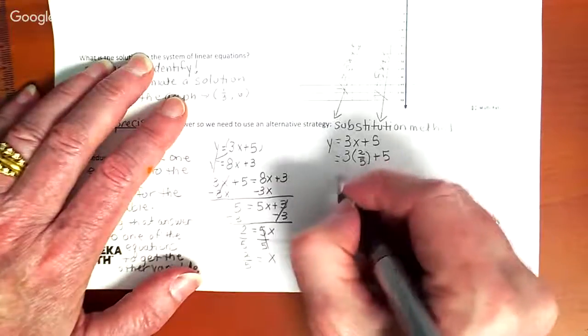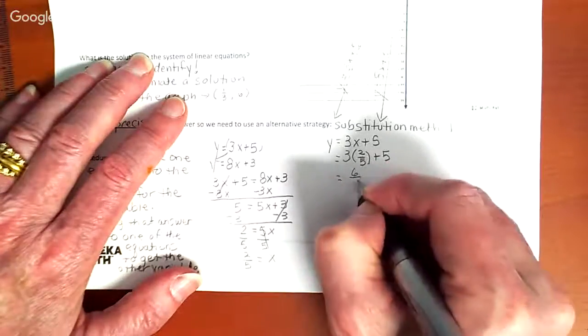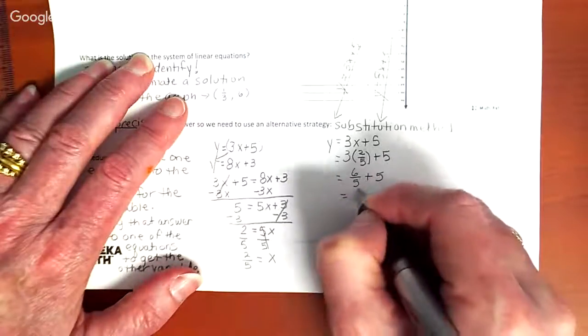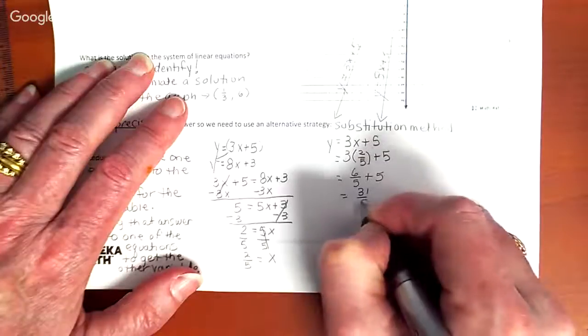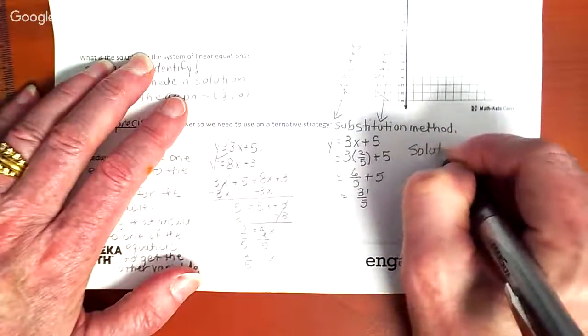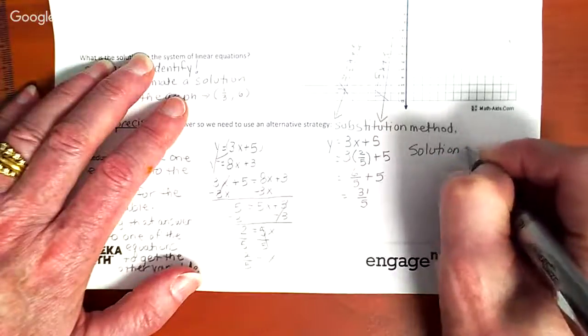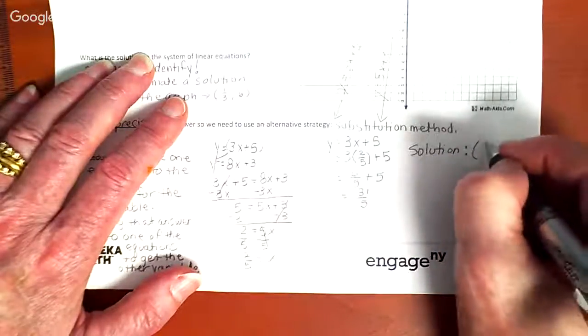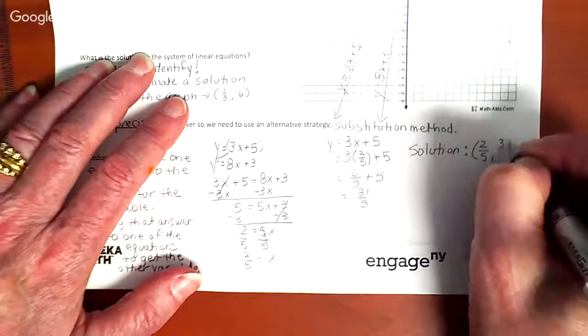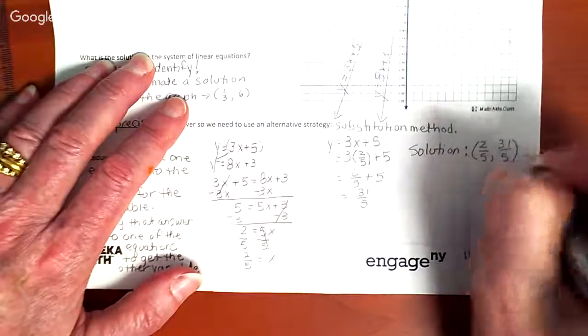I have here 6 over 5 plus 5, which equals 31 over 5. So now my solution is 2/5, comma, 31 over 5.